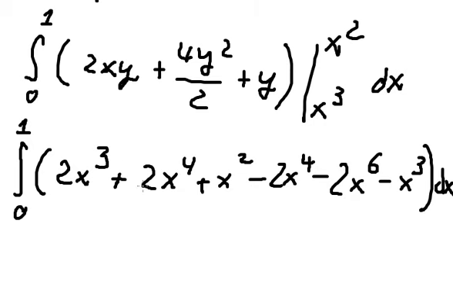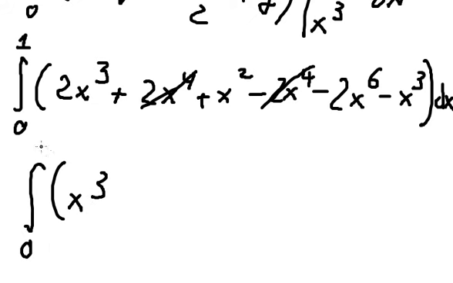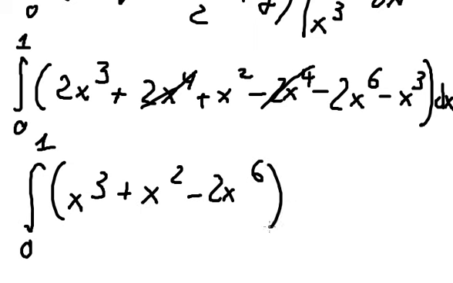Now we need to simplify 2x to the power of 4, 2x to the power of 3 minus s to the power of 3. You get s to the power of 3 plus s squared minus 2x to the power of 6, dx.